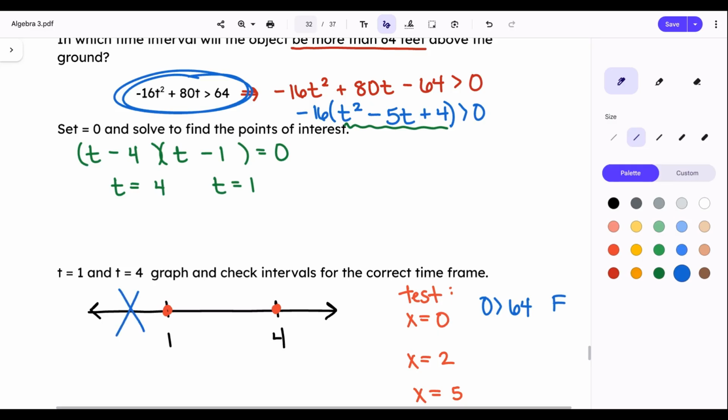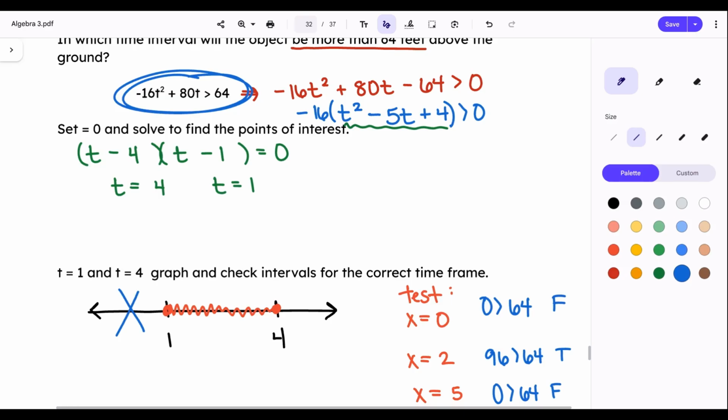If I put in a 2 for my t, so negative 16 times 2 squared plus 80 times 2, that comes out to be 96. 96 is greater than 64, so that's true. That means in here, I'm going to want to include everything in between those two numbers. And then the last one, if I put in a 5, I got 0 is greater than 64.